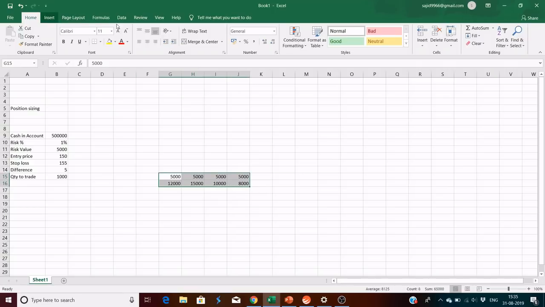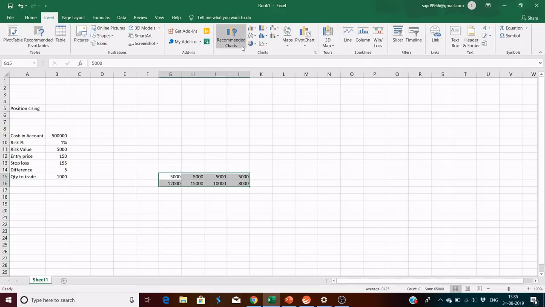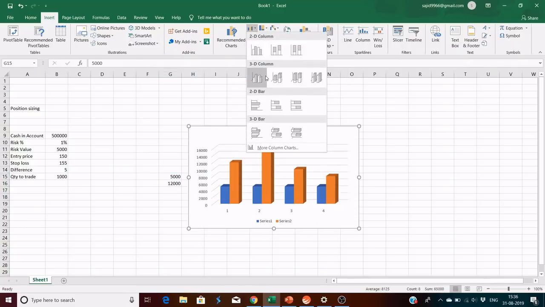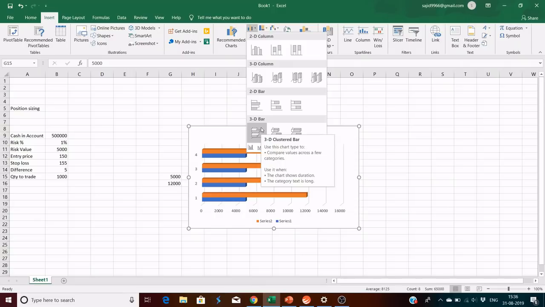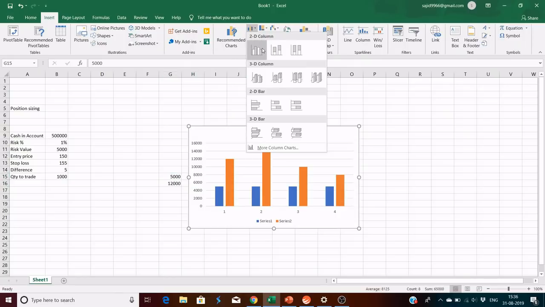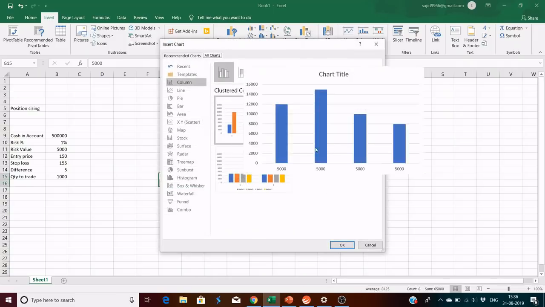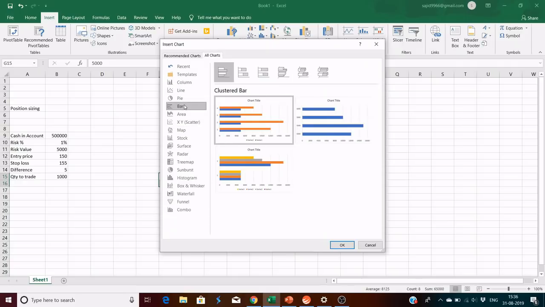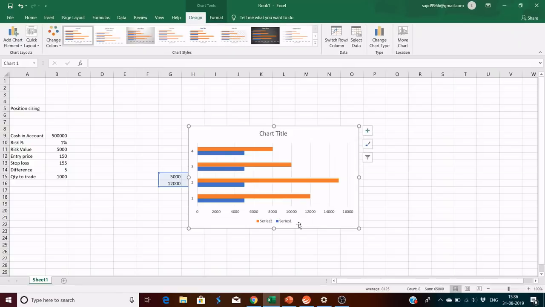If I have to show you a bar chart, it will be something like this, where your risk is always capped at the same 5,000.